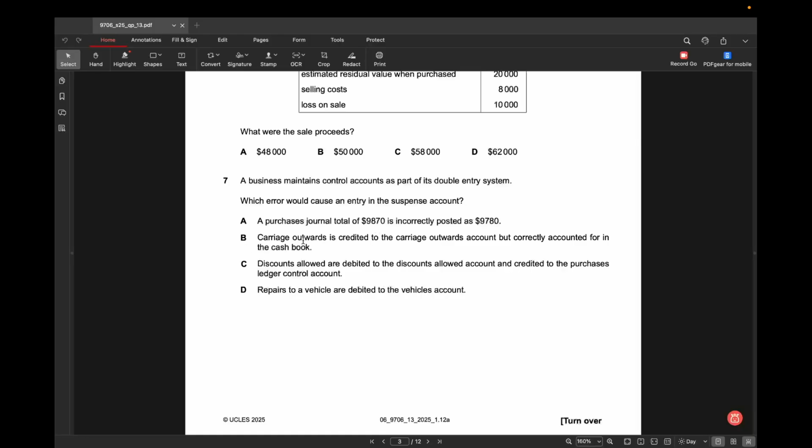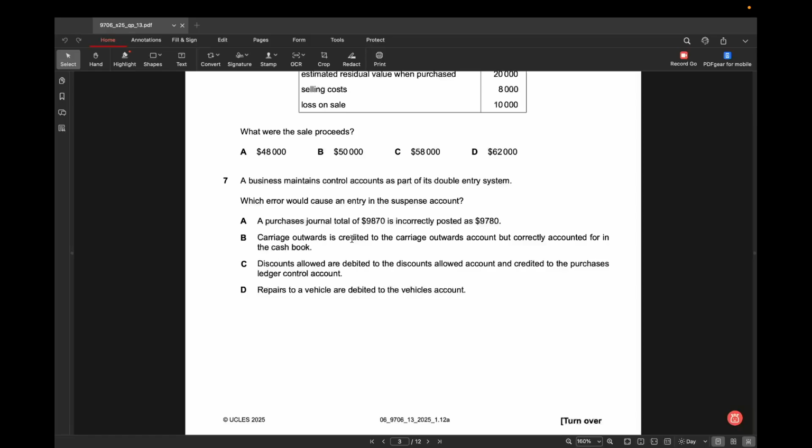Number B, carriage outward is credited to the carriage outward account but correctly accounted for in the cash book. So when we paid carriage outward, the journal entry should be carriage outward account debit and cash account credit. But we wrote the carriage outward on the credit side.